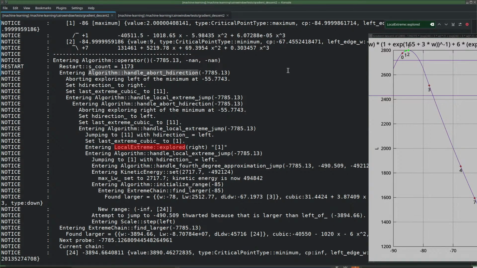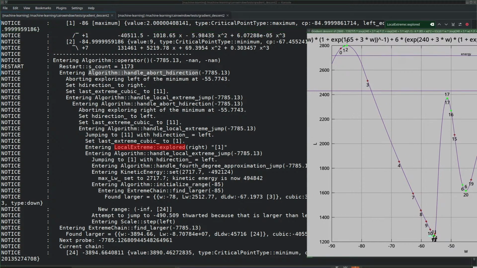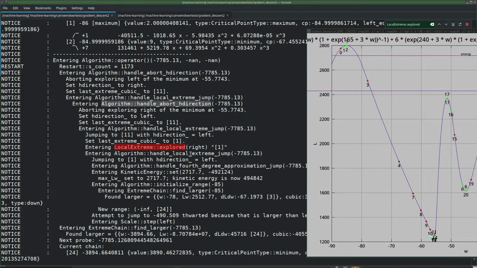And then it jumps back to the best minimum, which is at minus 55.77, trying to go to the right. Which then immediately calls abort again.